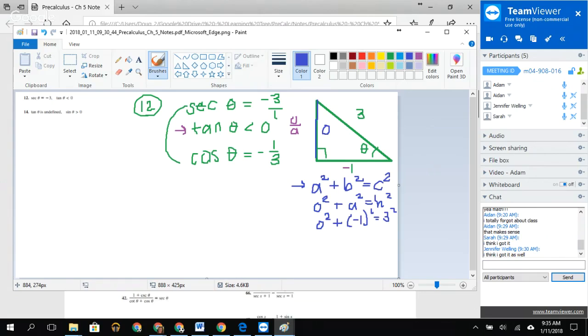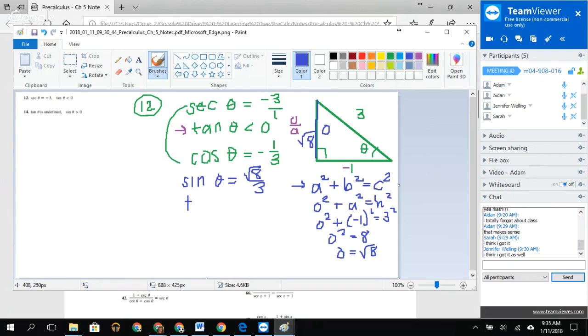And we end up with the opposite side equals the square root of 8. It's probably good that we didn't make the opposite side negative, because square roots and negatives, not so fun. So we know the opposite side is the square root of 8, right? Then the sine of theta is our opposite over our hypotenuse, so square root of 8 over 3.